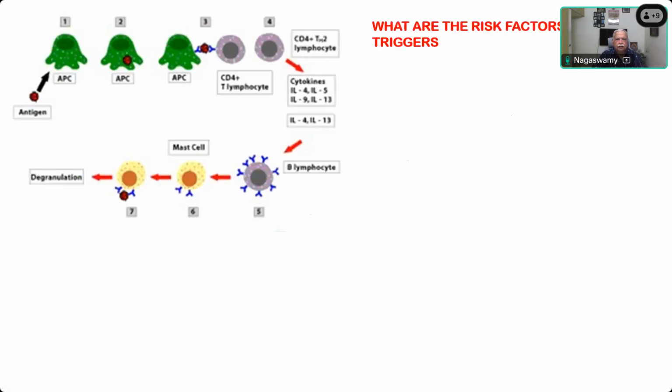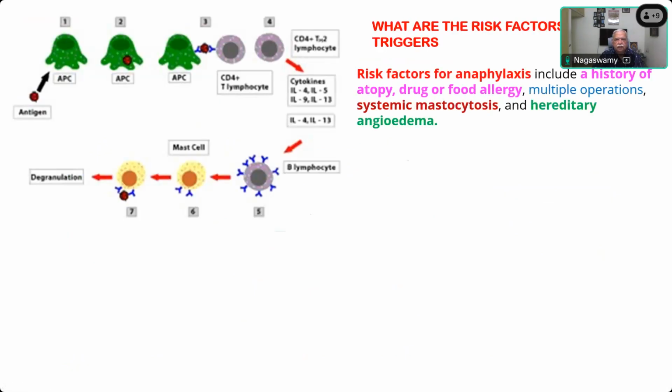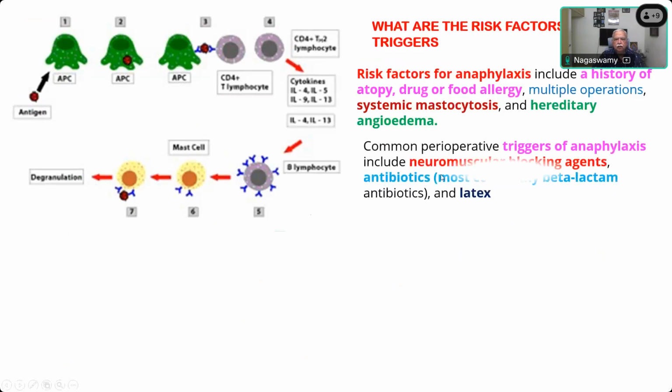And the risk factors for triggers are atopy, drug and food allergy, systemic mastocytosis, and others. Common perioperative triggers are neuromuscular blocking drugs, antibiotics, and latex. These are the common things.